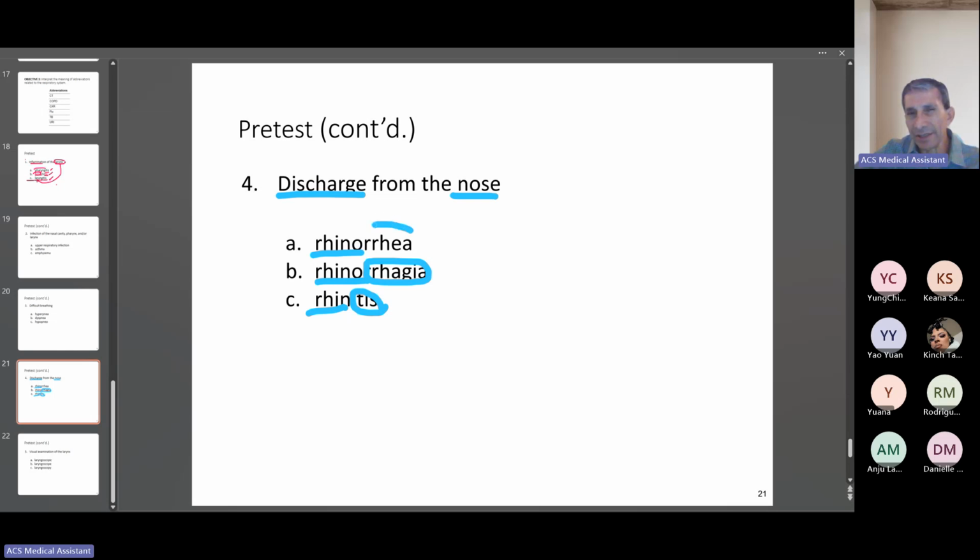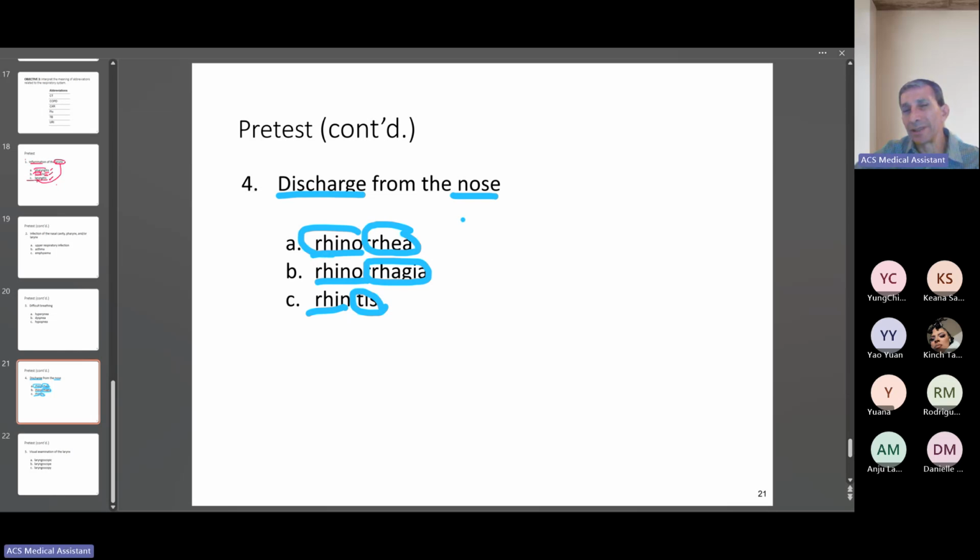Rhea, this is discharge from the nose. Rhea is discharge. Like, once again, diarrhea, gonorrhea. See, those are discharges from different structures, of course. But this is from the nose.